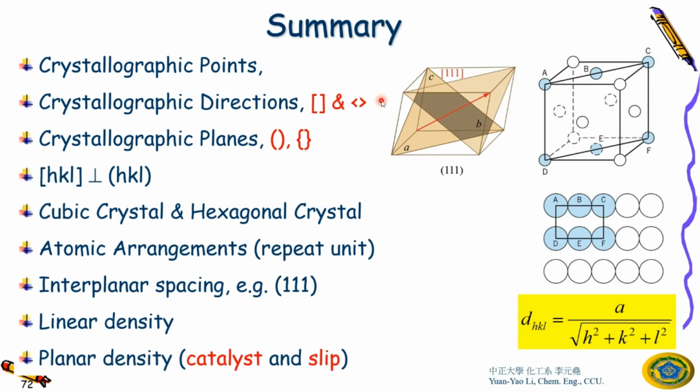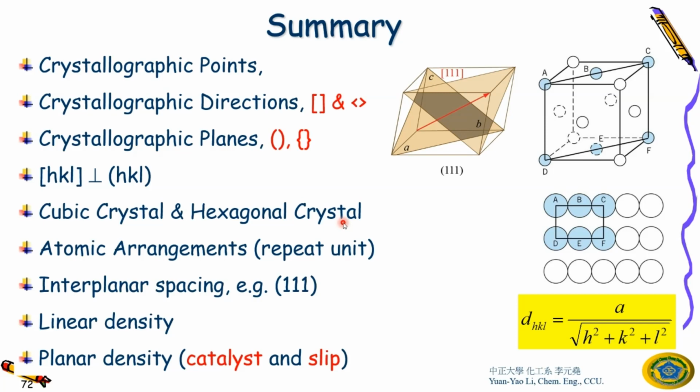Very important. And the fifth point is crystallographic, cubic crystal and hexagonal crystal. You need to know how to convert from three numbers to four numbers, and from four numbers to three numbers. We have an equation for you to do this, so please remember.